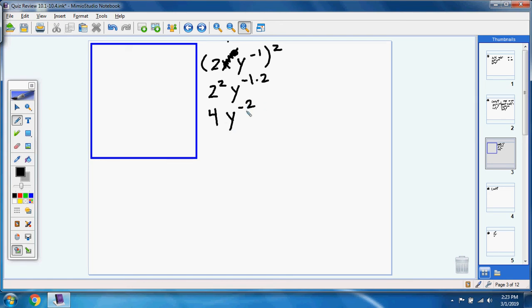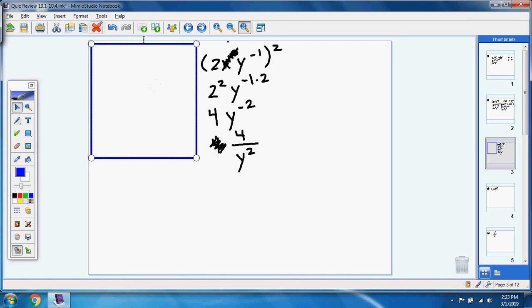So what this really becomes is the 4 stays the same, but the y becomes a fraction. So the y actually goes to the denominator with a positive exponent now, and you really have a 1 at the top. Or wait a minute, can I just say 4 times 1? So I'm just going to say that's a 4. There we go. Or you can erase that if you like.